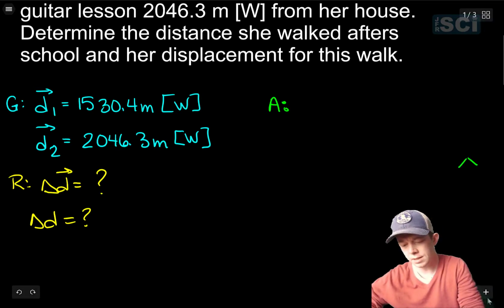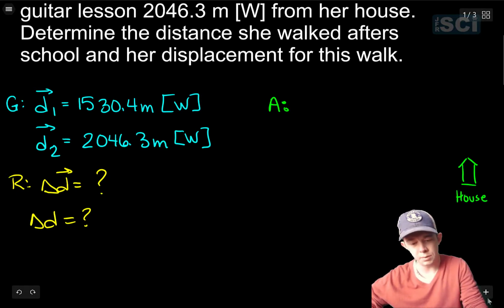So they start their day at location 1. So this is their house. And I'm going to draw the best I can do of a guitar. And there's the head of the guitar, there's the hole, and my strings.